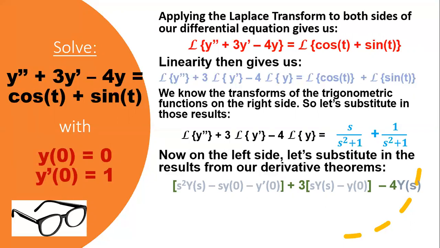The Laplace transform for the second derivative, we substitute in s squared times the transform of y minus s times y of 0 minus y prime of 0, and we replace in the middle the Laplace transform of y prime with s times the Laplace transform of y minus y of 0. And of course, we can replace the Laplace transform of y with capital Y of s, which is our notation. So now we have applied the transform to all of the pieces on both sides.